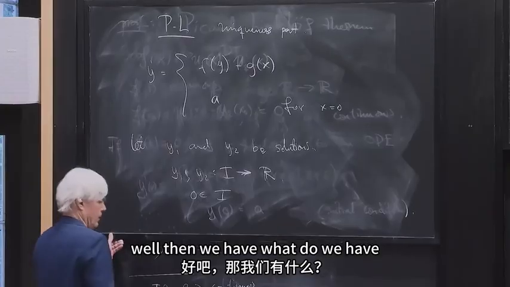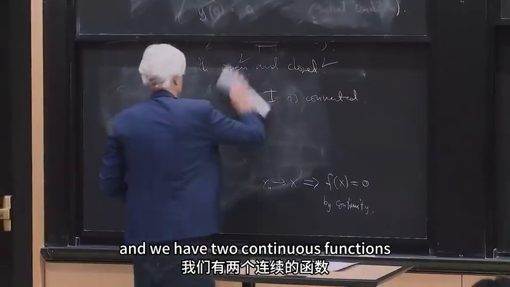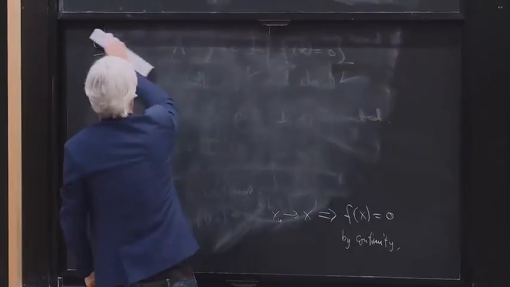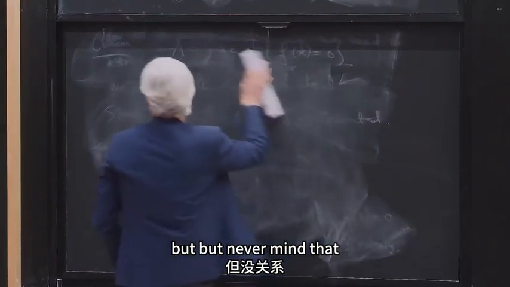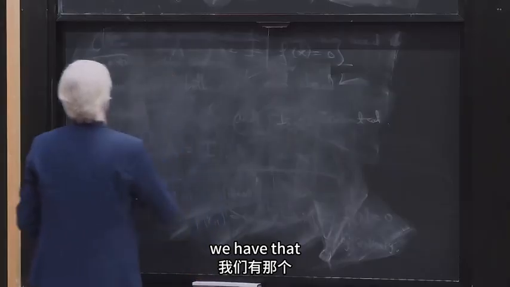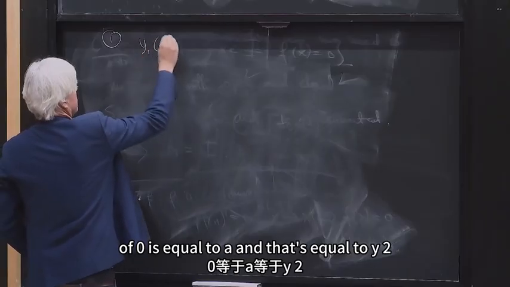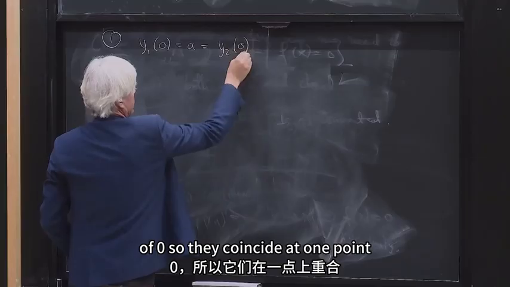Well, then what do we have? We have an interval, and we have two continuous functions. They're actually better than continuous. They're differentiable, and even the derivative is continuous, but never mind that. We have that y1 of 0 is equal to a, and that's equal to y2 of 0.